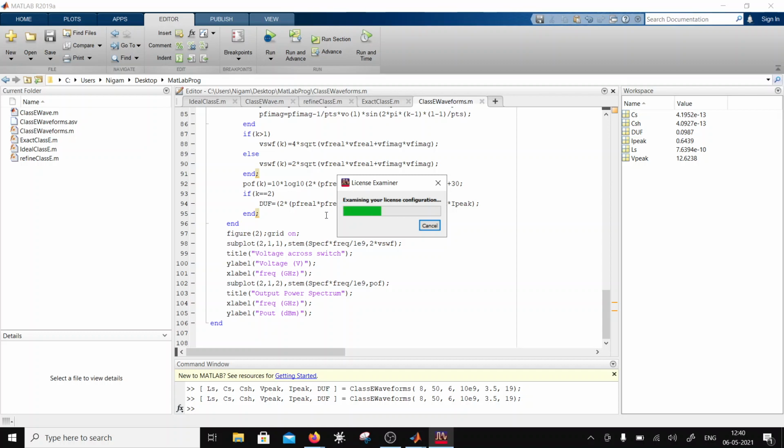So here I'm going to try to see if these are correct.